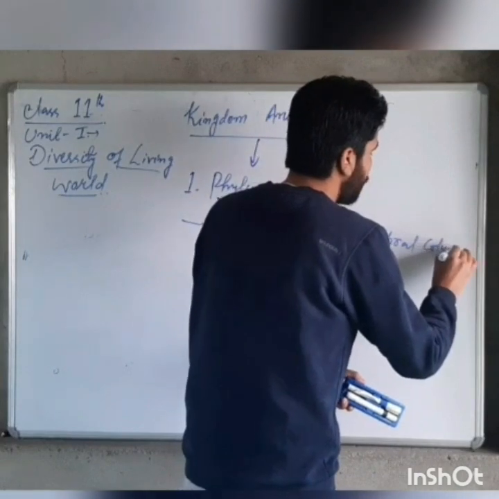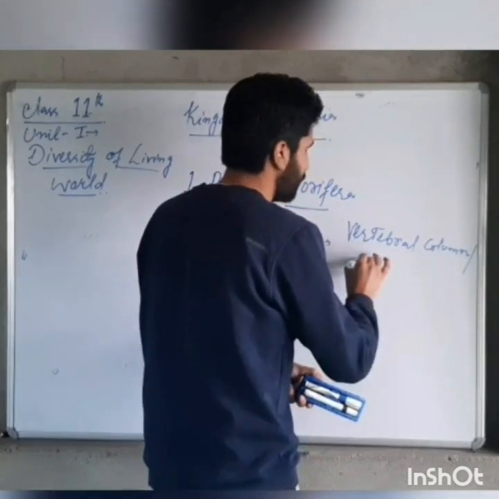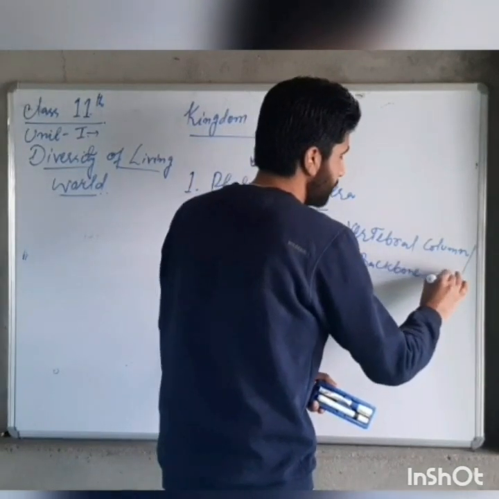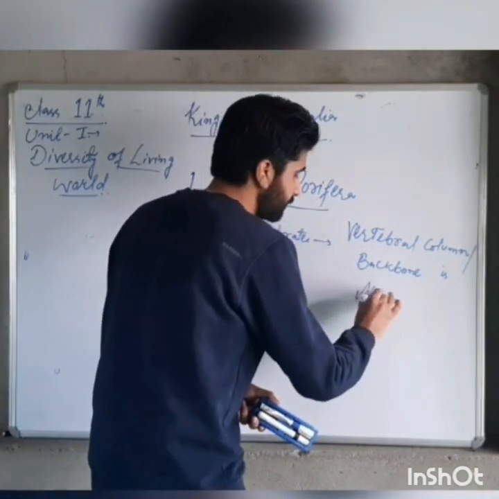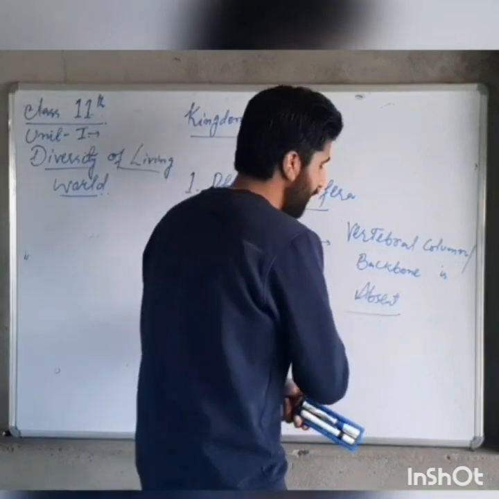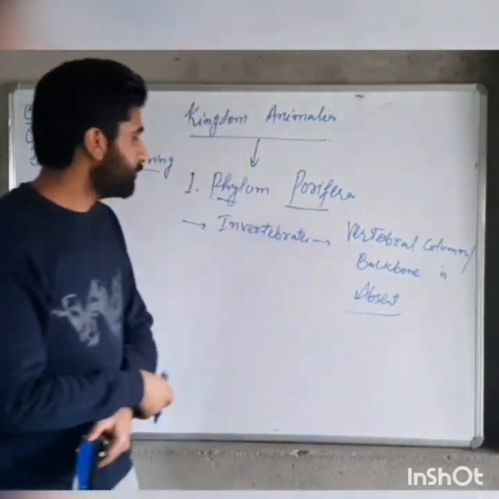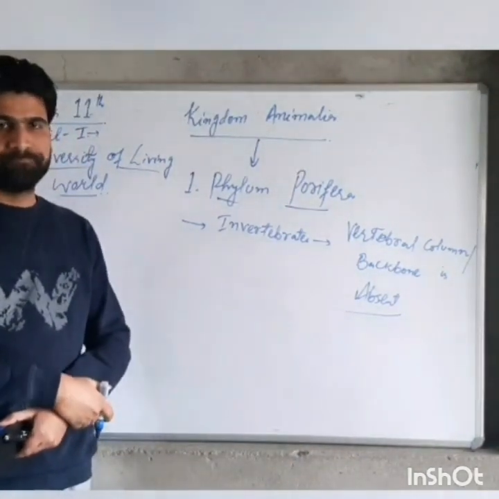What is vertebral column? Simply it means backbone. So backbone is absent. Vertebral column, or you can say backbone, is absent. These are called invertebrates.